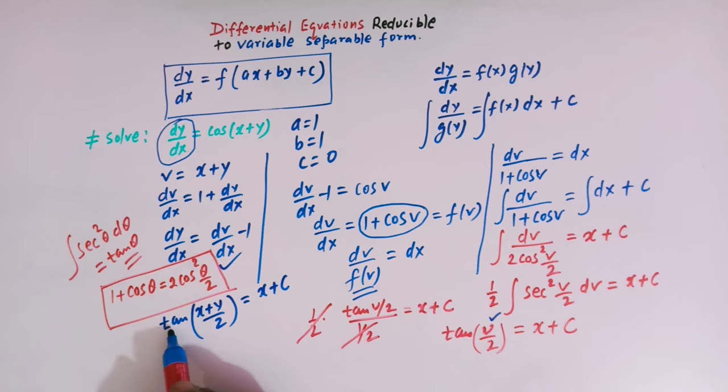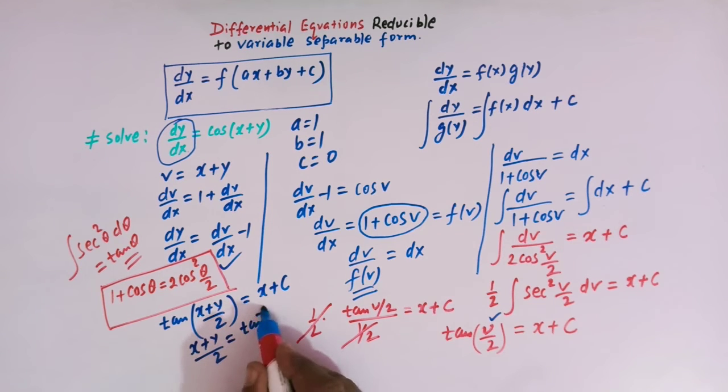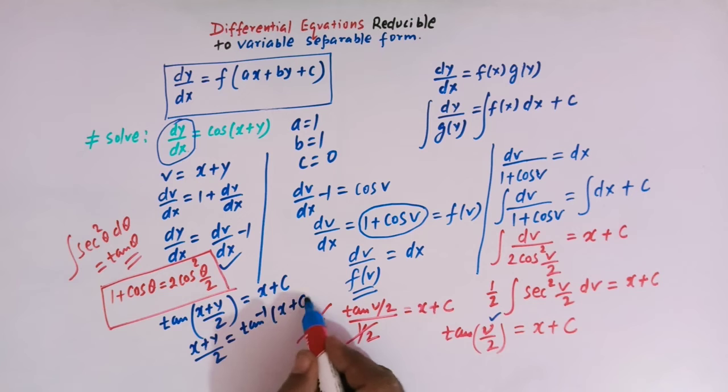Now if we take the inverse tan of both sides, we get x plus y over 2 is equal to tan inverse of x plus c.